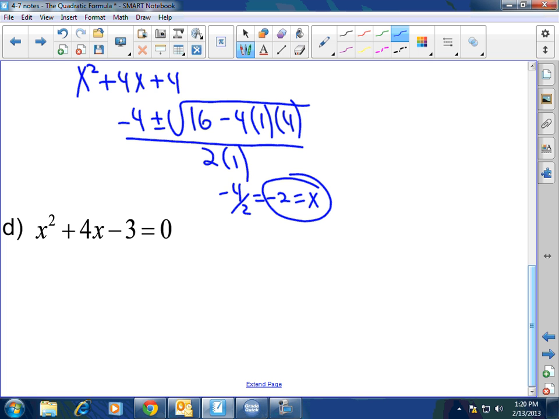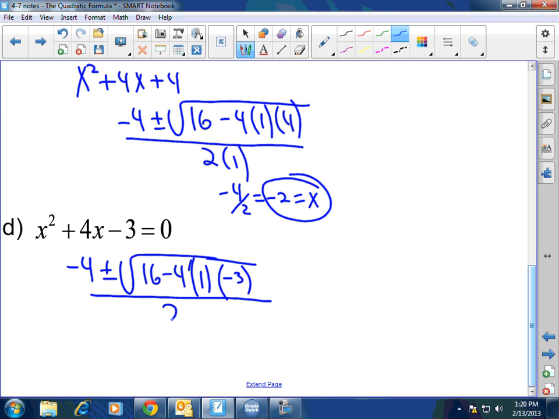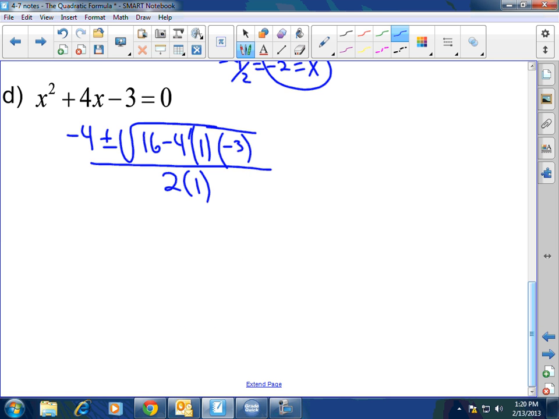Next. Negative b plus or minus the square root of b squared minus 4 times a, which is 1, times c, which is negative 3, over 2 times a. So that's going to equal negative 4 plus or minus 16 plus 12 is 28 over 2.